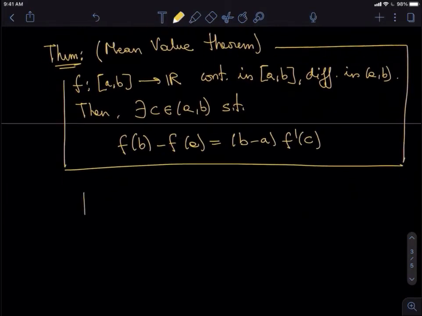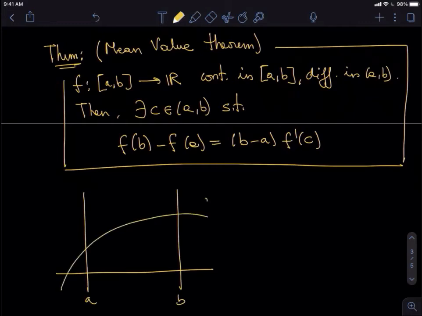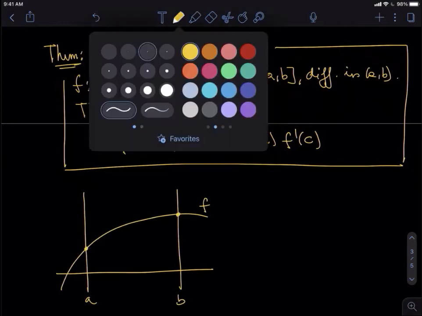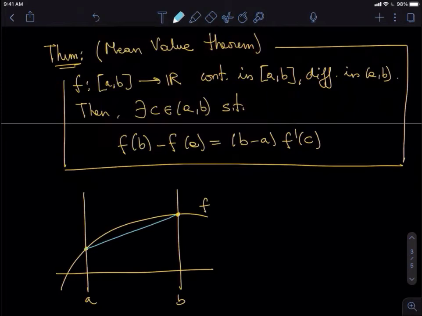Again, this has a geometric interpretation. Let's say this is a, this is b, and this is my function f. Let me use colors. Here we have our secant line. And what is the slope of the secant? Well, it's this difference divided by the difference in x.